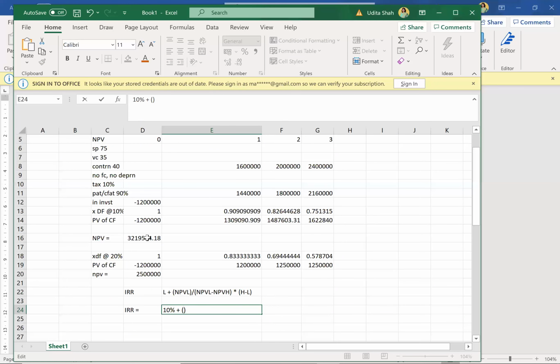NPV of lower rate was this amount, 3219534. 3219534 divided by NPV of lower, so this amount minus 2.5 million, and the whole thing into the difference between 20 minus 10%.